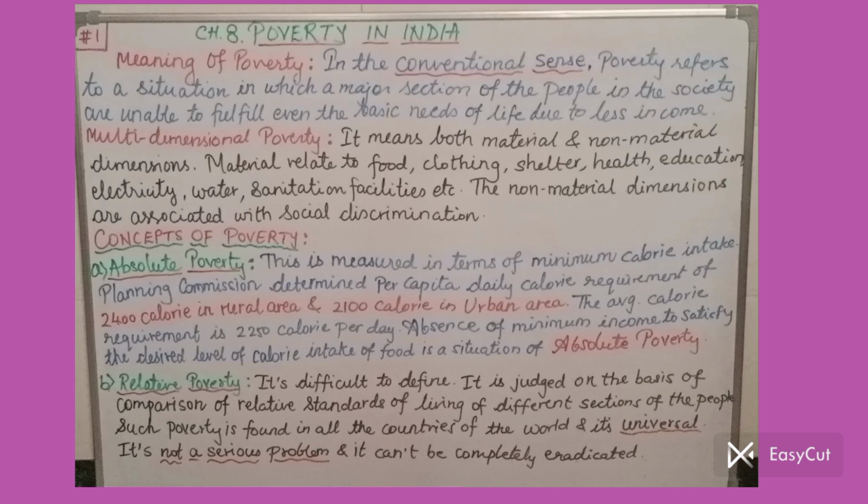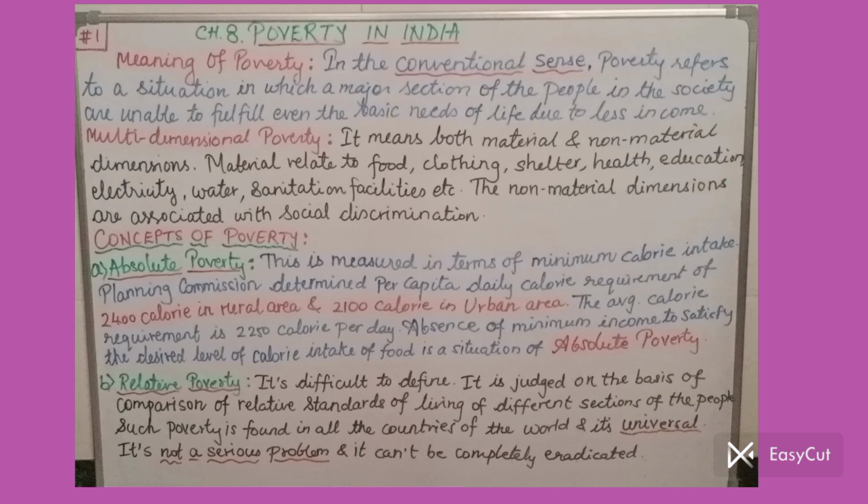Now let us see what to write. Absence of minimum income to satisfy the desired level of calorie intake of food is a situation of absolute poverty. If a person is unable to earn such income that he can take the minimum food requirement, then the person is said to be living in absolute poverty.